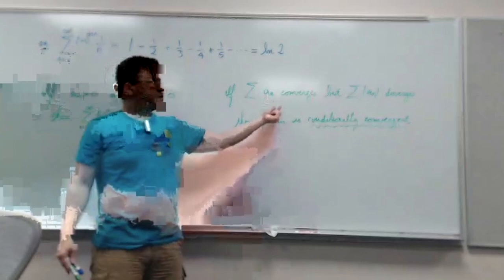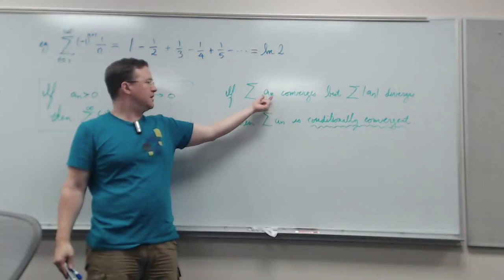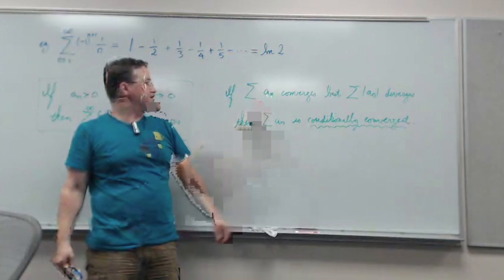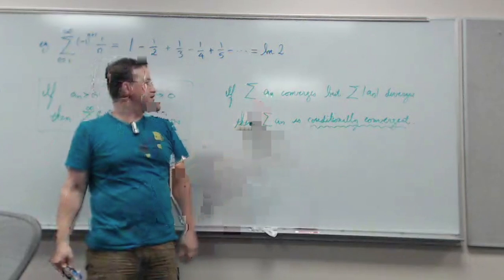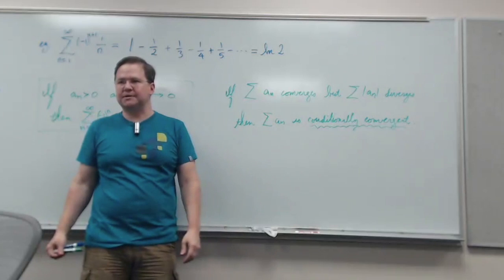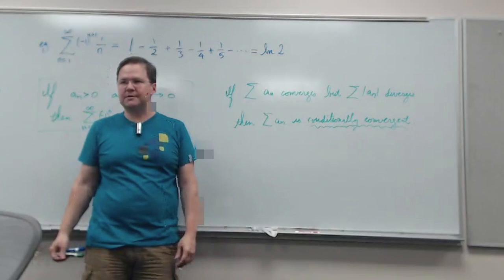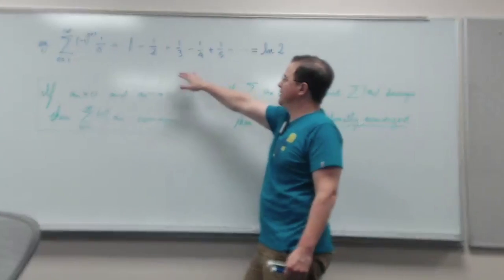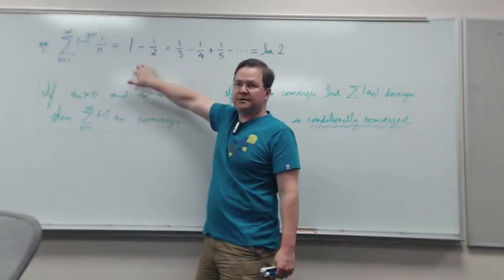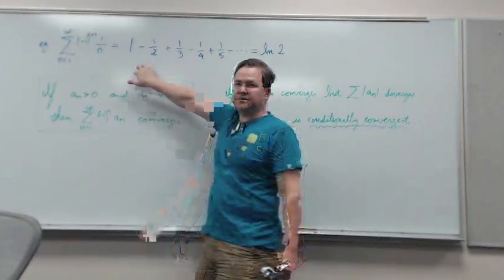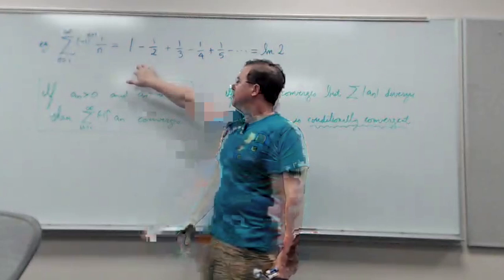So these are not necessarily just positive terms, right? This is only meaningful when you're dealing with an alternating series, okay? So this example, the alternating harmonic series, is conditionally convergent because if I took the absolute value of each term and then added it up, it would diverge.